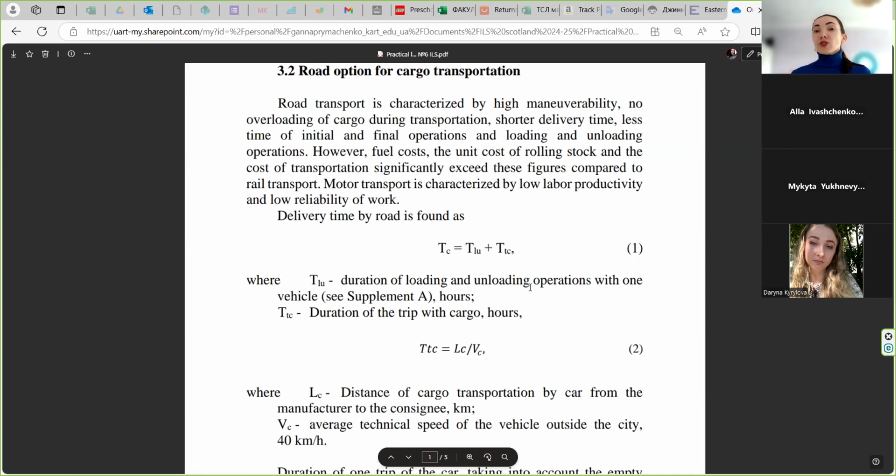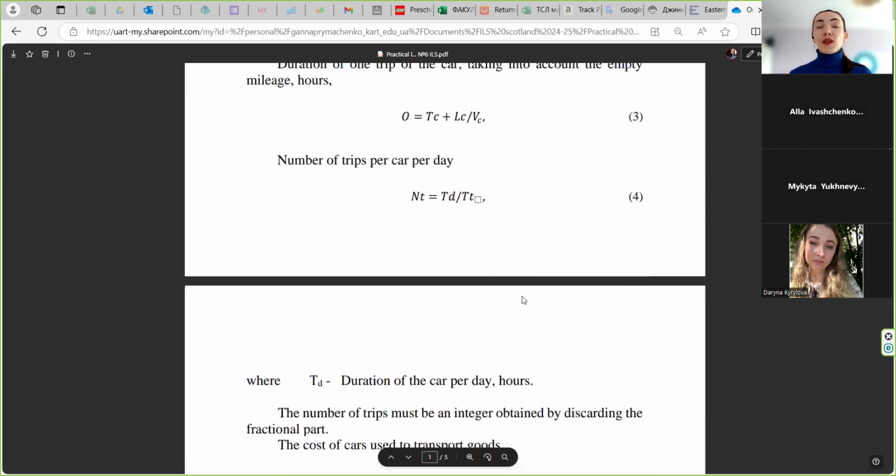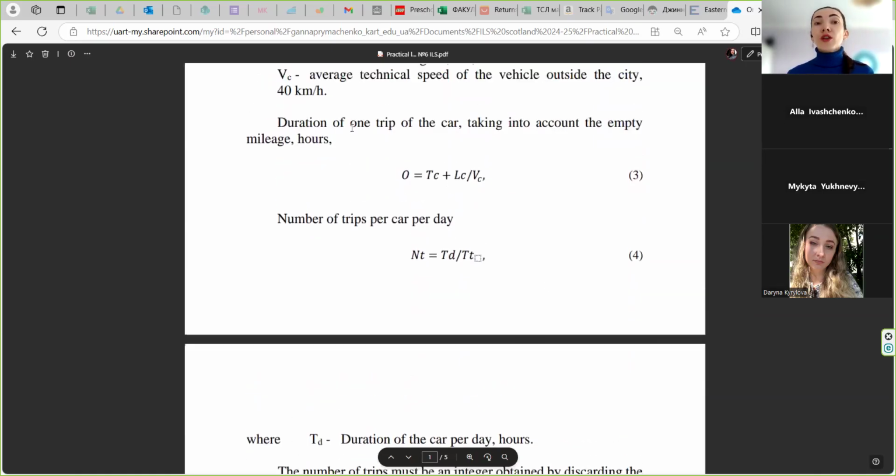So now we calculated our formula number 1 and number 2. And the next formula is formula number 3. Number 3, I opened it. We need to calculate the duration of one trip of the car, taking into account the empty mileage, in hours.